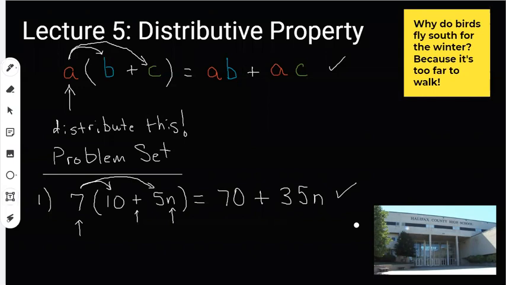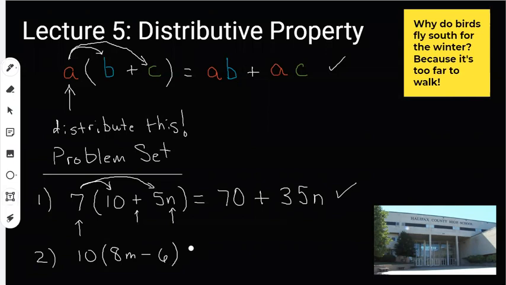Okay? Let's try number 2. Number 2 says 10 on the outside, and then what's on the inside? 8m minus 6.